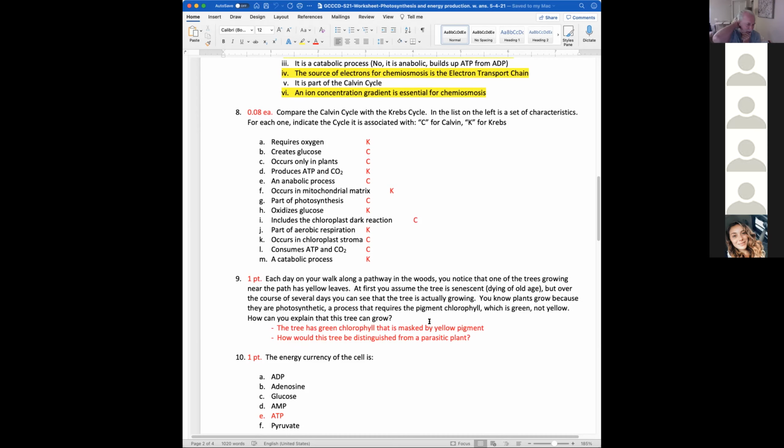So if that is the case, how could you tell whether or not this yellow plant is a parasitic plant? Because it's growing. Sure. Yeah, parasitic plants grow too.